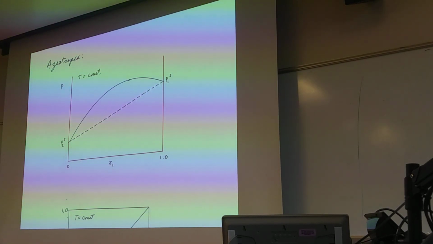I've shown it here for the situation for positive deviations from ideality, but an equivalent situation, as I'll draw later, might exist for negative deviations from ideality. This curve that I've drawn is the bubble point pressure curve.